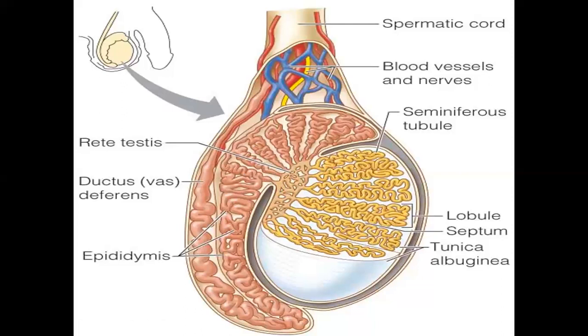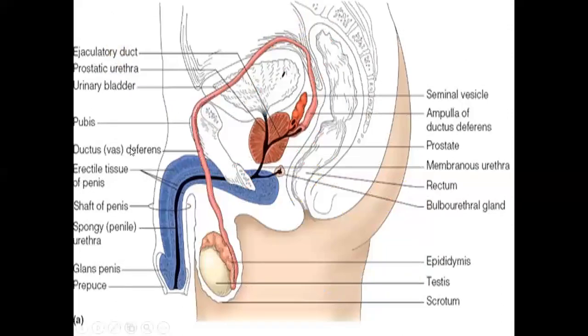During the process of ejaculation, the matured cells that are stored in the epididymis go into the ductus or vas deferens. From the vas deferens, it propels forward, passes through the ampulla of the ductus deferens, and goes to the ejaculatory duct.